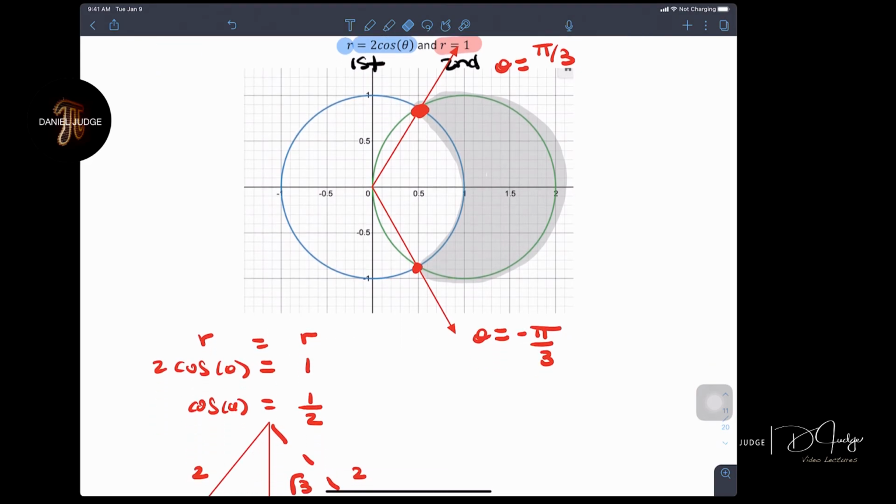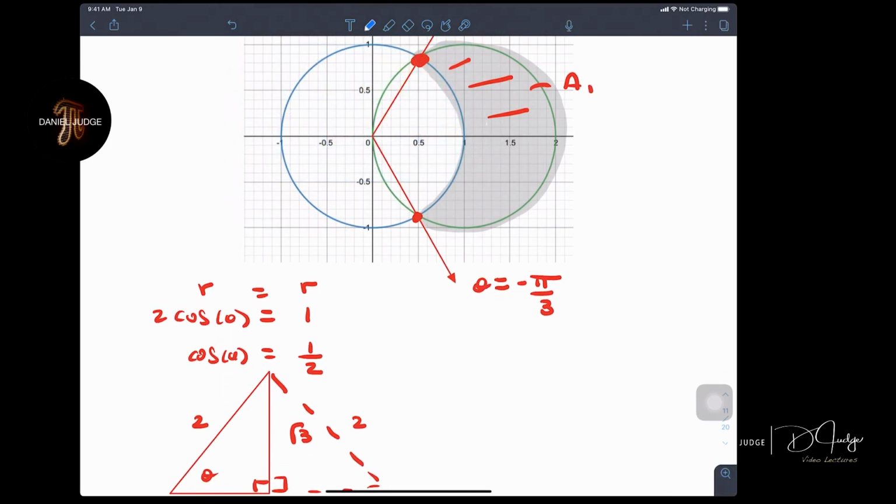What I think I'll do is find and use symmetry here. This is what I'm going to call A1, and double that area. Right, we're going to use some symmetry here. So let's call this portion A1.